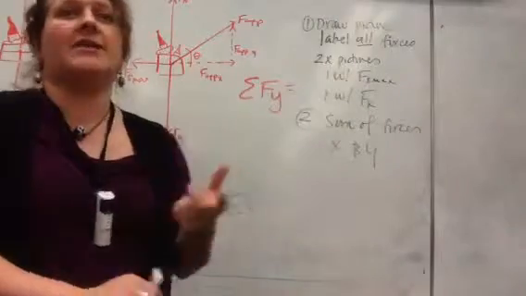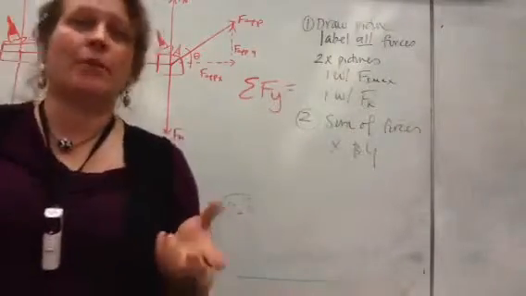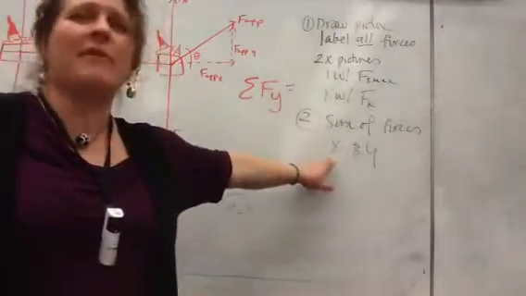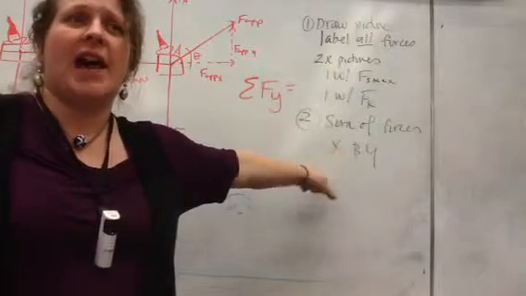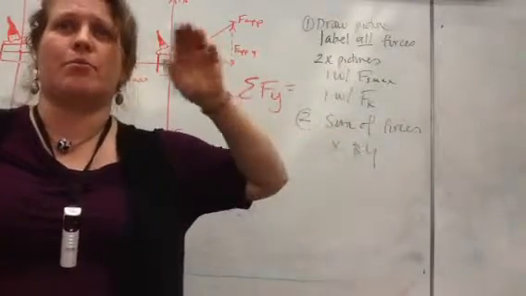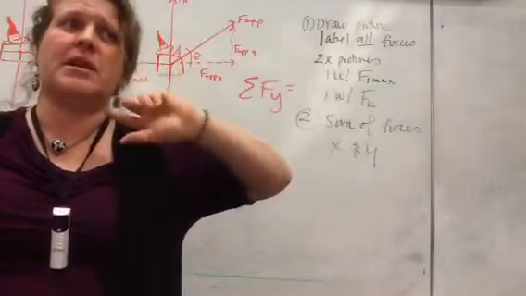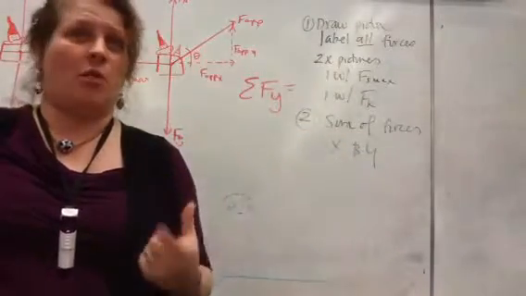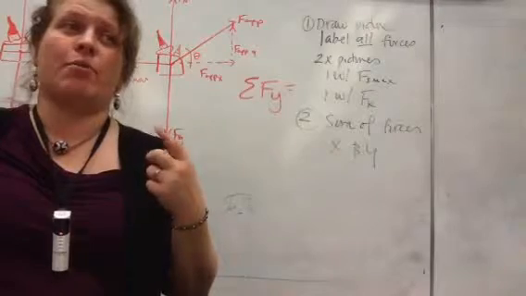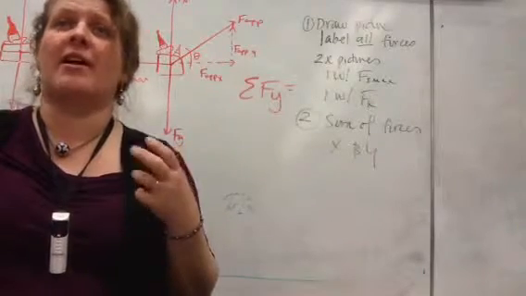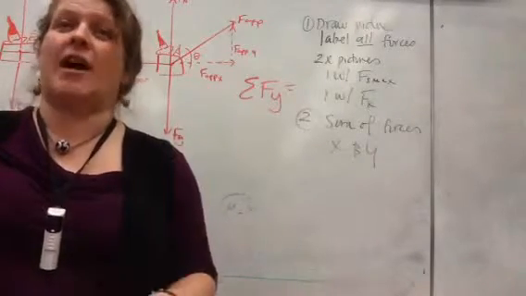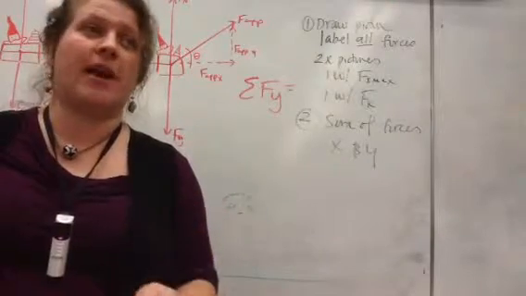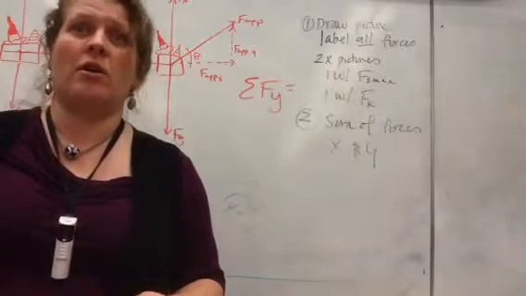In cases where you have an angle with the applied force, that sum of forces on the X is going to give you the portion of your applied force that's working against friction, and the sum of forces on the Y is going to give you the portion of applied force that's working with normal force or against gravity. So you have to break out that force if it's on an angle.